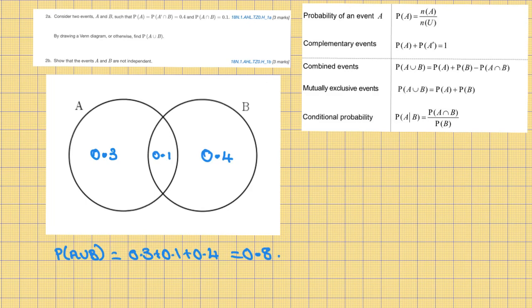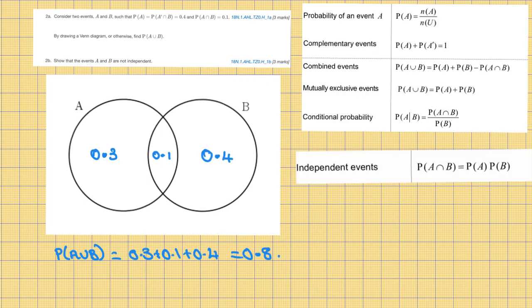There is a formula for independence which is as follows. For two independent events, the probability of A intersection B must be equal to the probability of A times the probability of B. To test for independence, see if this formula works. The probability of A is equal to 0.4. The probability of B is equal to 0.5.